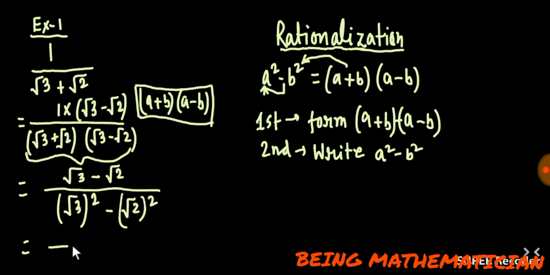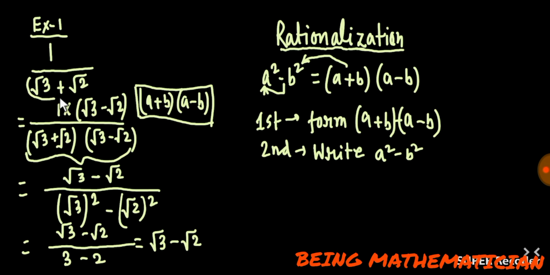So it will be 3 minus 2 and root 3 minus root 2. So this is root 3 minus root 2. So we rationalize the denominator in the fraction 1 by root 3 plus root 2.